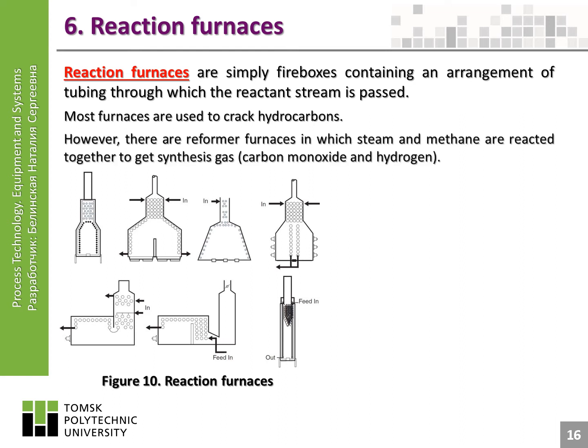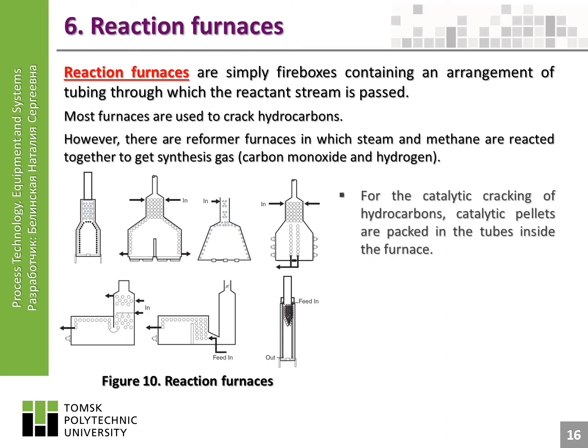However, there are reformer furnaces in which steam and methane are reacted together to get synthesis gas, carbon monoxide and hydrogen. For the catalytic cracking of hydrocarbons, catalytic pellets are packed in the tubes inside the furnace. Reaction furnaces are also used in the olefins and vinyl chloride unit.